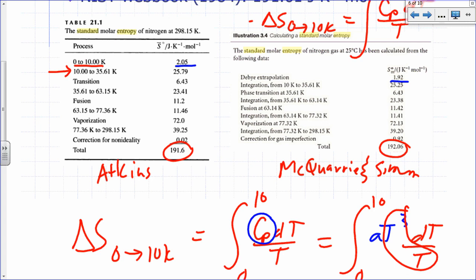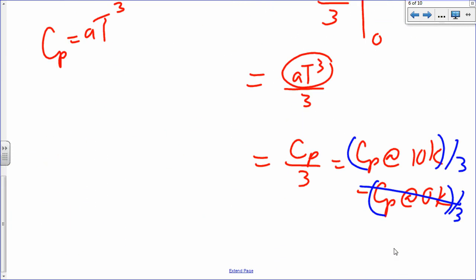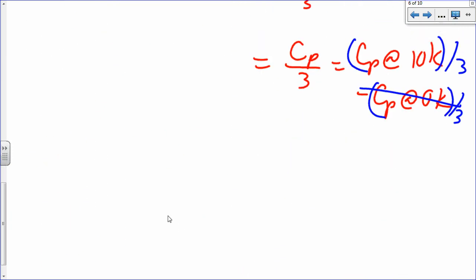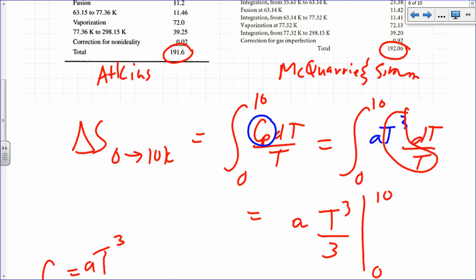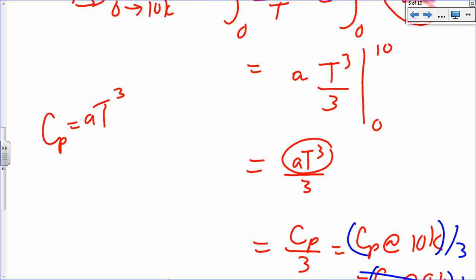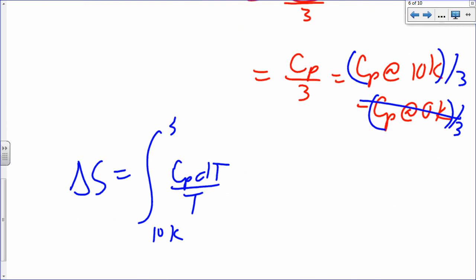Now, what's delta S going from 10 Kelvin to 35.61 Kelvin? That would be the integral of Cp dT over T from 10 Kelvin up to 35.61 Kelvin, and you get a number there.